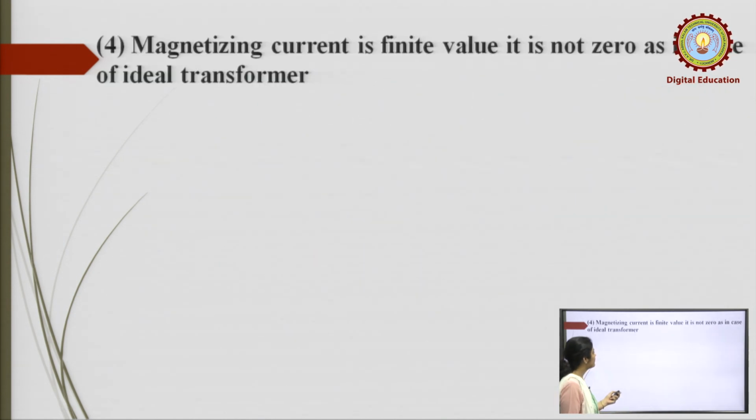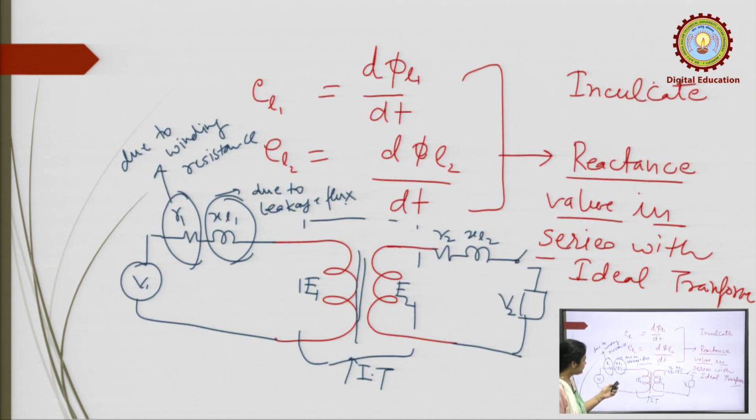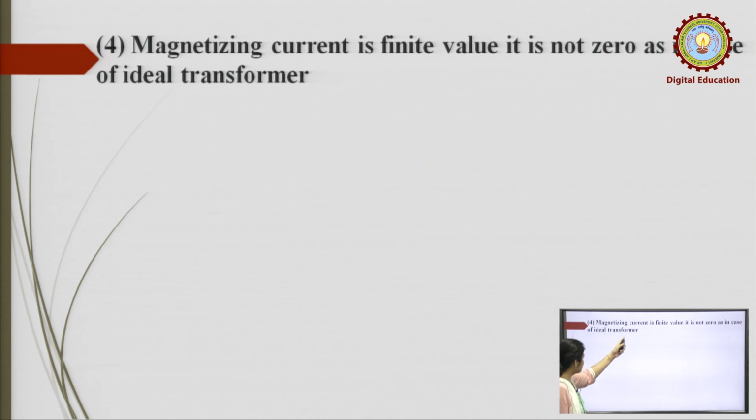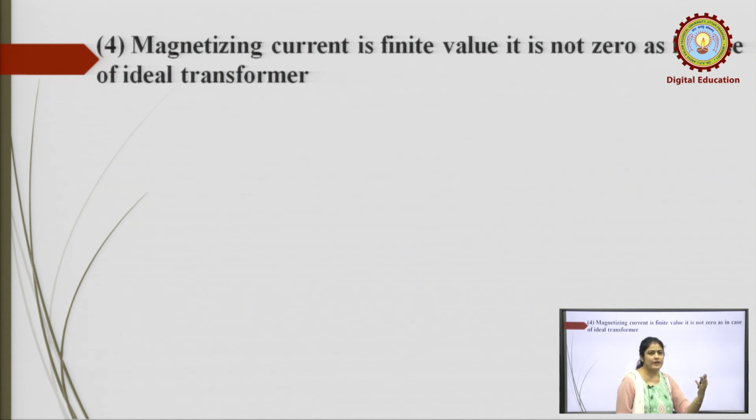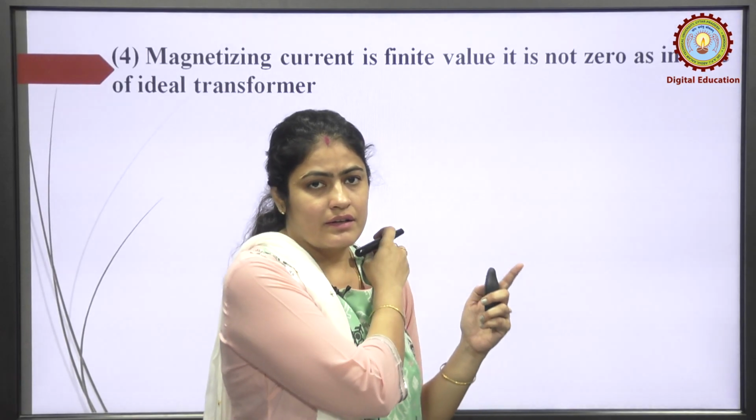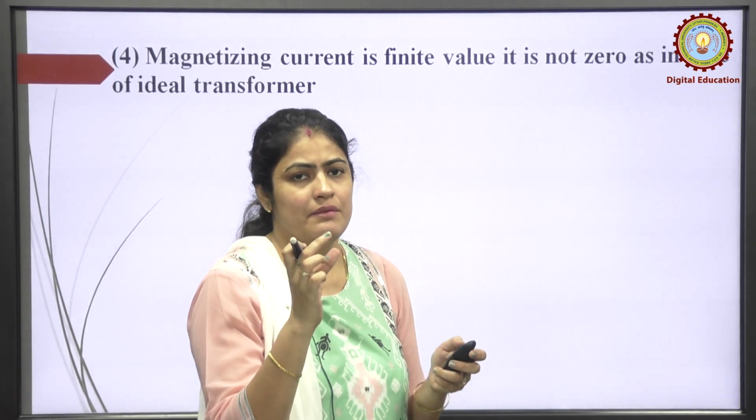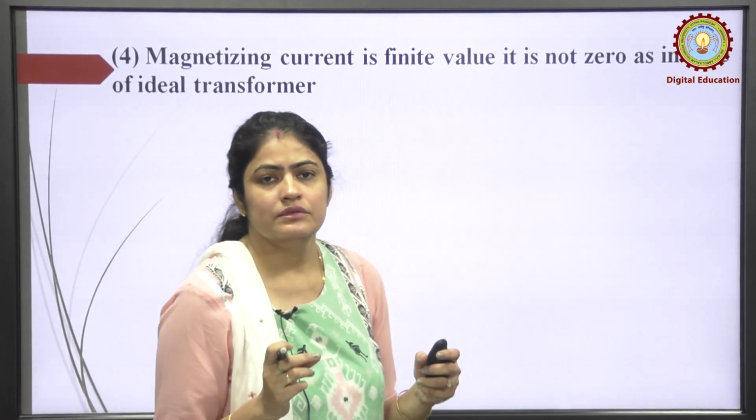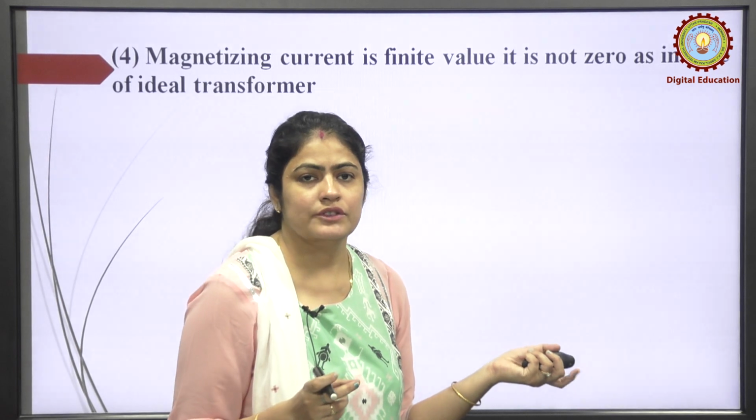Also, the magnetizing current is a finite value and is not 0 as in the case of the ideal transformer that we have already discussed, but in the practical transformer the magnetizing current is much larger.